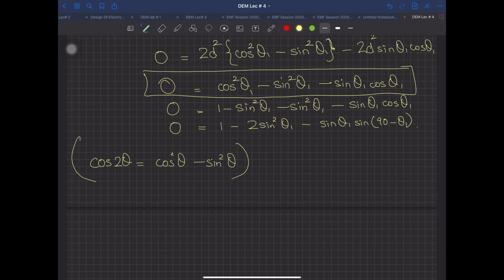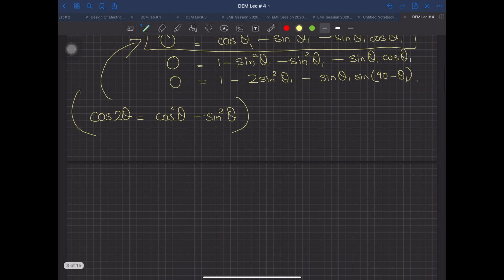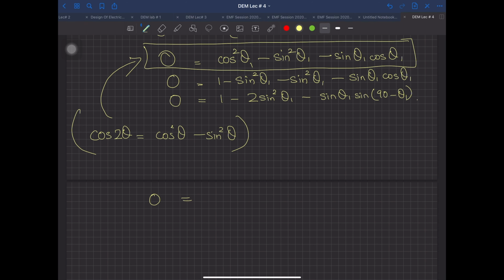This one, ये हम यहाँ यूज़ करेंगे। So what will happen? I have again 0 over here. This term can be written as cos 2 theta minus sin theta cos theta. What is this? Sin 2 theta divided by 2.